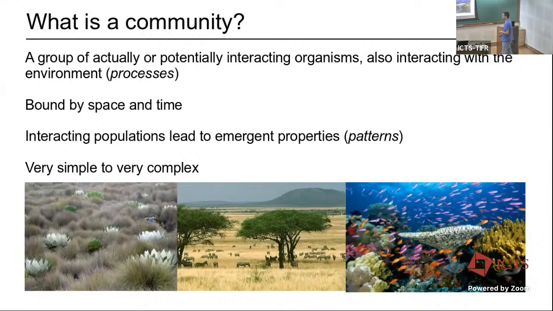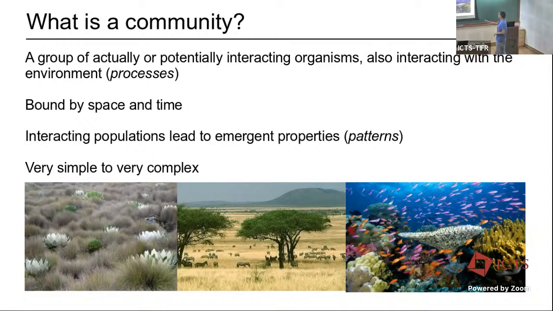Communities can be very simple. If you go to a high altitude grassland, you'll see communities made up of maybe 3 or 4 species of plants, all interacting with each other in terms of competition and so on.